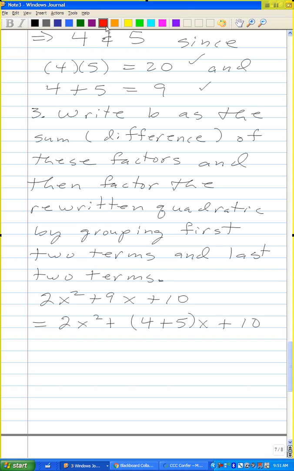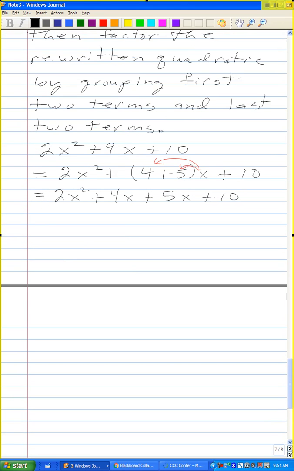And so I get 2x squared plus 4x plus 5x plus 10. Let's factor this by grouping. And so I'm going to group the first two terms and the last two terms. And so if I look here, there is a 2x in common.